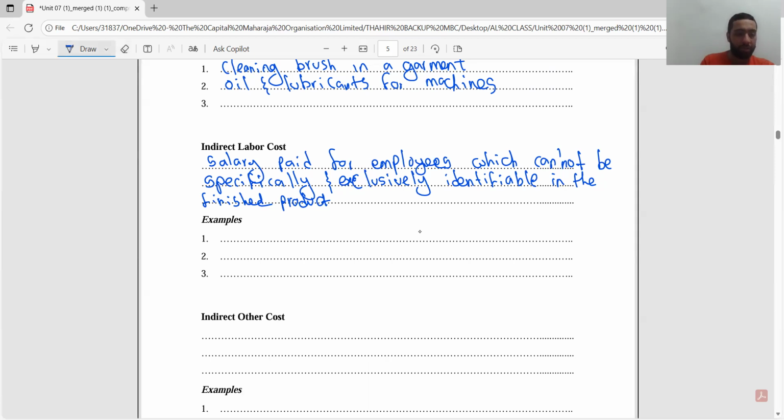What are the examples? Salary paid to supervisors.